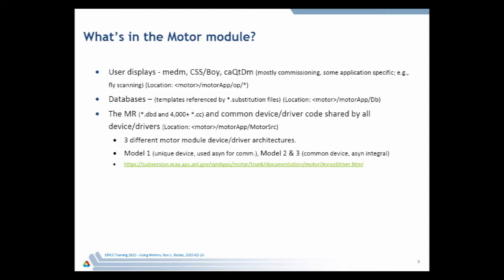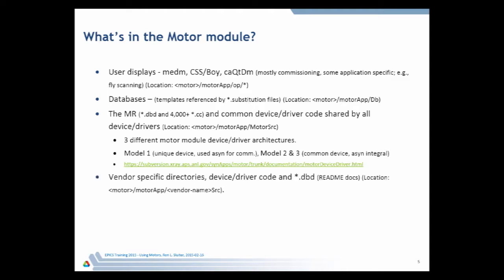Model 3 of ASIN motor, I think the thrust was putting more of the work in the common code so that the device-specific code, which is the next slide, becomes even less.